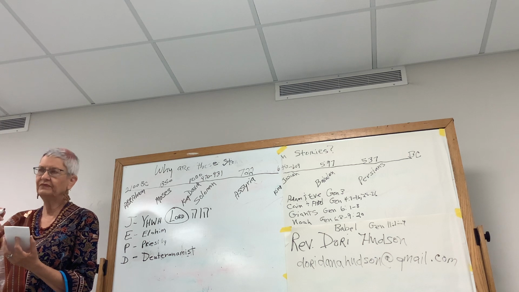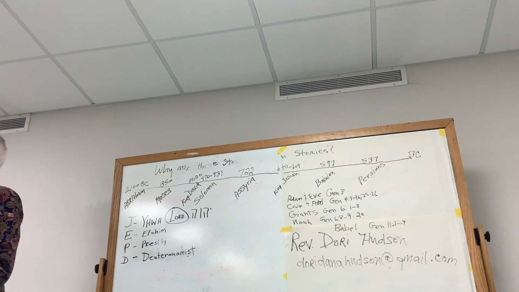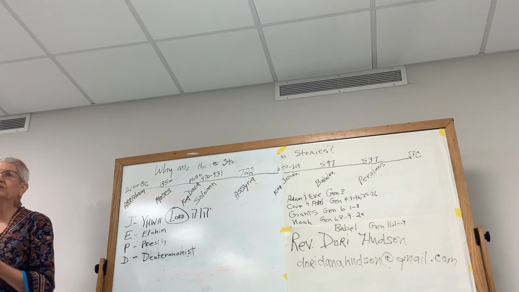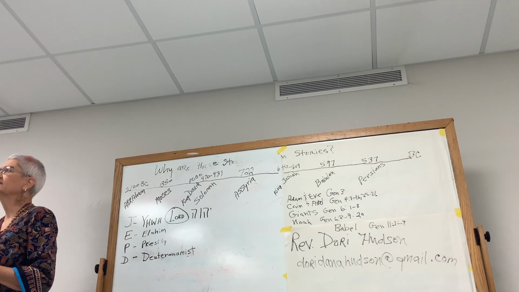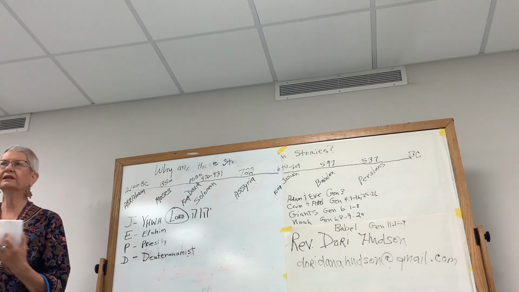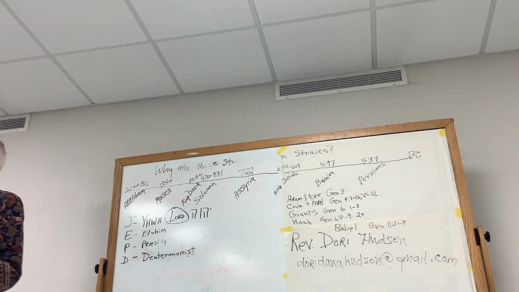It talks about the Mount of God as being Mount Sinai. It emphasizes the stories of Abraham. And the people of the land that they're conquering are called Canaanites.